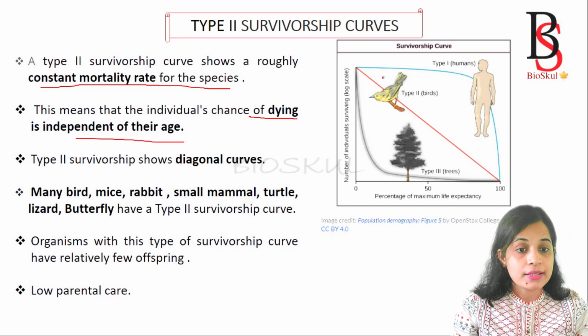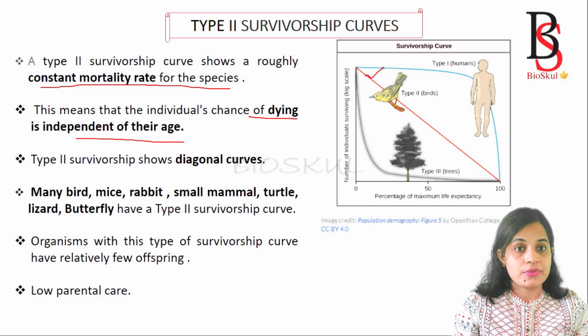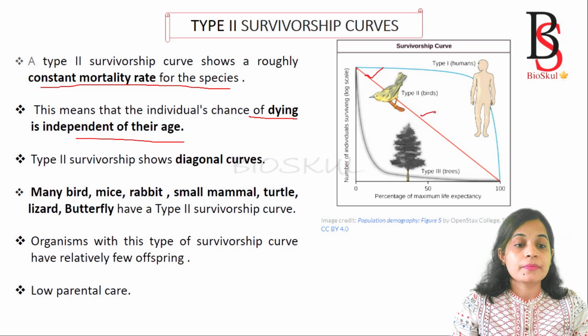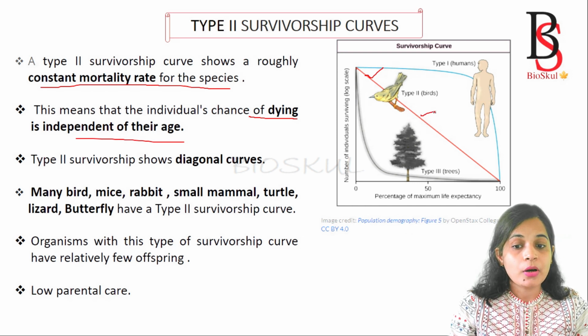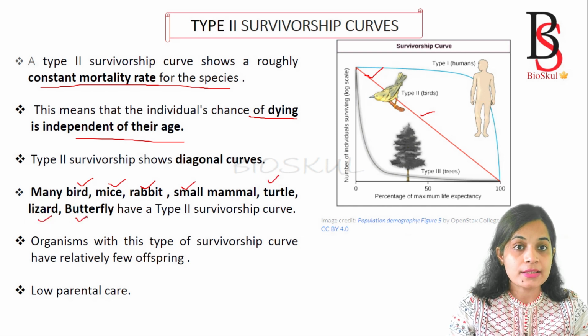And type 2 survivorship curve forms a diagonal curve. Here you can see the diagonal curve, and this type of curve is observed in many birds, mice, rabbits, small mammals, turtles, lizards and butterflies.